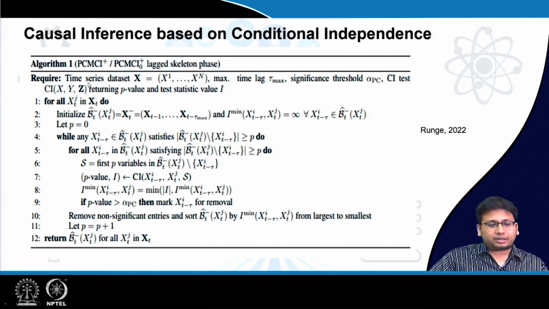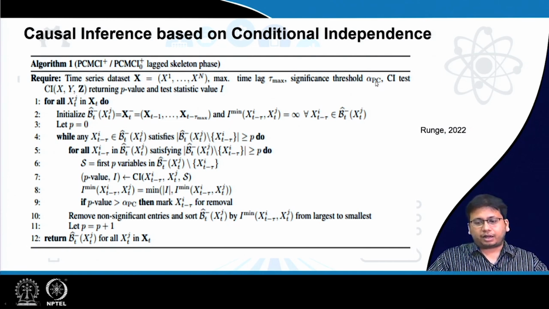As you can see, the input here is again the time series data set X of the different predictor variables n. Then there is the maximum time lag tau max, which is acceptable. Then, just like we had the alpha, the significance threshold in the PC algorithm, in this case also we have the same alpha PC.